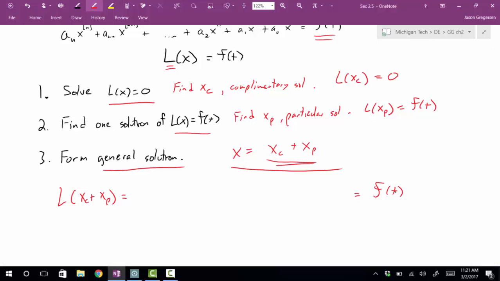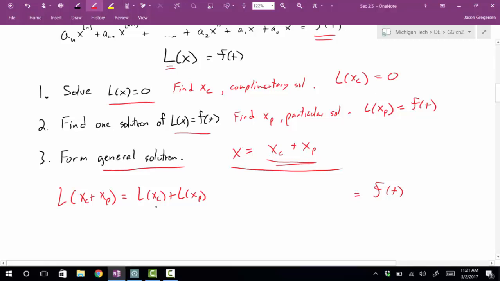But without actually taking those derivatives and doing all that work, because it's a linear differential equation, it can be represented as this linear operator, so I know that L of x sub c plus x sub p is the same thing as this, because it's linear.